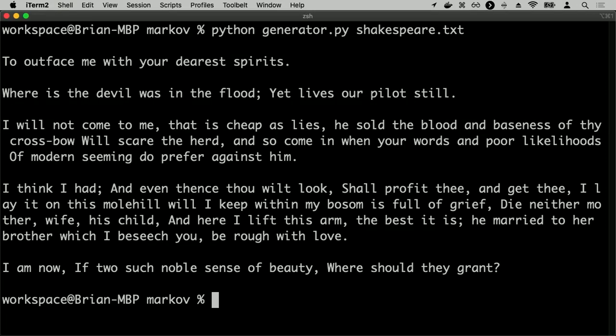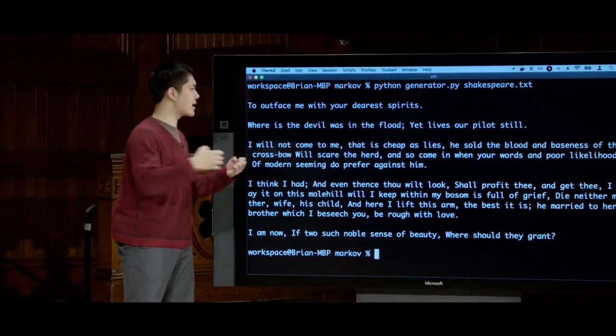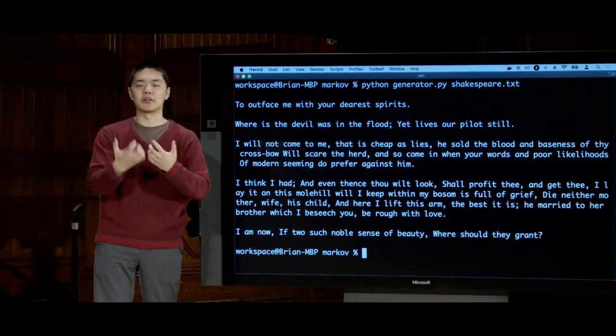We get 5 different sentences. And these are sentences that never showed up in any Shakespeare play, but that are designed to sound like Shakespeare, that are designed to just take 2 words and predict, given those 2 words, what would Shakespeare have been likely to choose as the third word that follows it. And these sentences probably don't have any meaning. It's not like the AI is trying to express any sort of underlying meaning here.